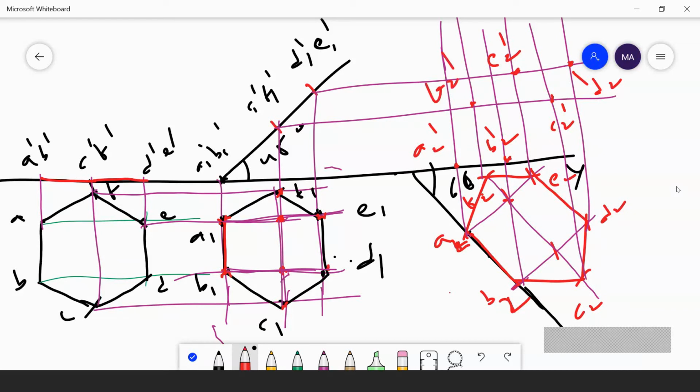Then join all the points with a free hand. A to B with a scale, A to B, B to C, C to D, D to E, E to F, F to A. This is the final view of your hexagon. Understand?